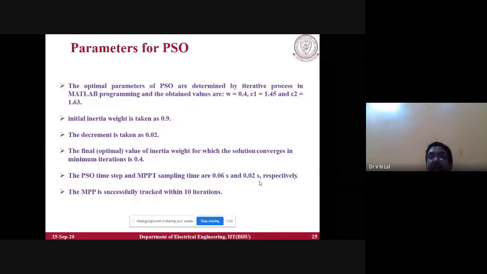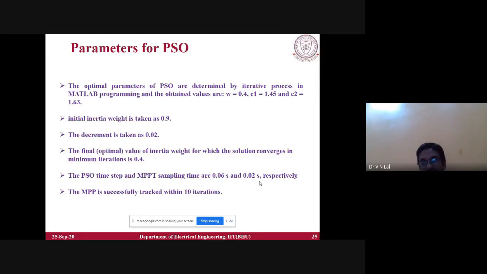Then after 0.02 second, the next particle comes into picture, with 0.02 second given to it. Then after 0.02 second, the third particle comes. So the total time is 0.06 second, and this is called one iteration.